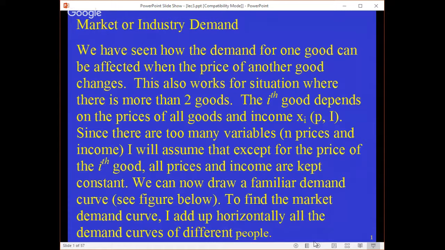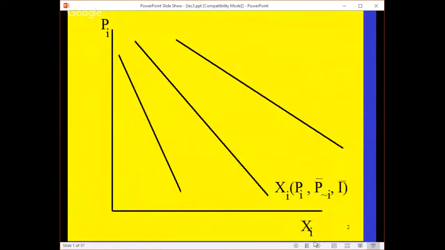To find the market demand curve, all I do is add up the individual demand curves horizontally. So I can think of these curves as individual demand curves, and then this final curve as the horizontal sum.